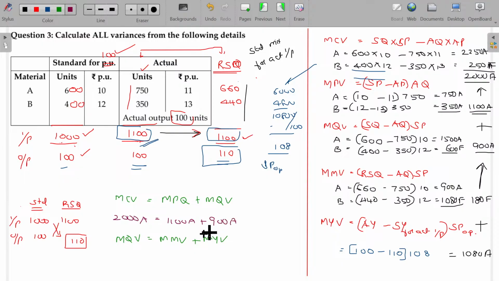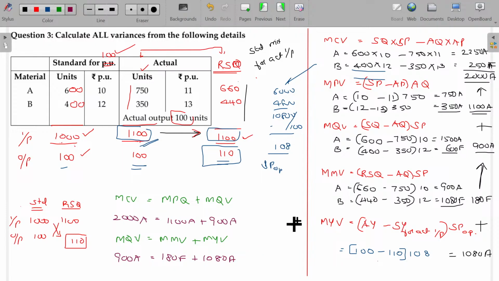Yeah, matching. Quantity variance 900 adverse is due to mix variance, which is 180 favorable. Because of changing the mixture, you spend less money, no problem. Though you spend less money, but output is very lesser than the estimated. So, due to the lesser output, you lose the benefit, 1080 rupees adverse.